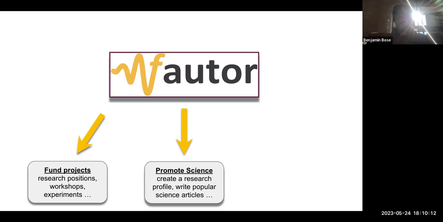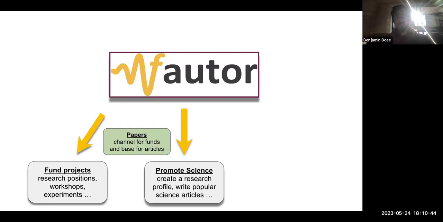What's quite nice about Fautor is, there are many other sites which do research funding, for example crowdfunding, and which also do promotion. But one thing that Fautor does, which is a bit extra, is that it uses researchers' articles as a channel to collect funds, but also to gain attention for the research that researcher is doing.